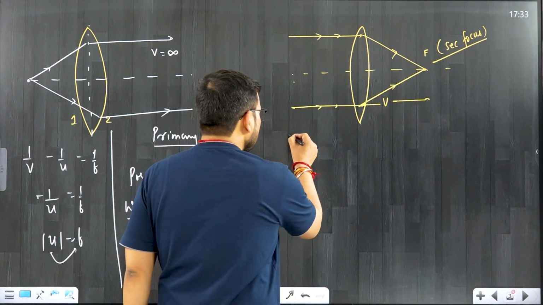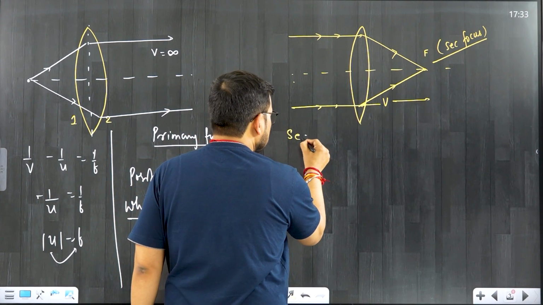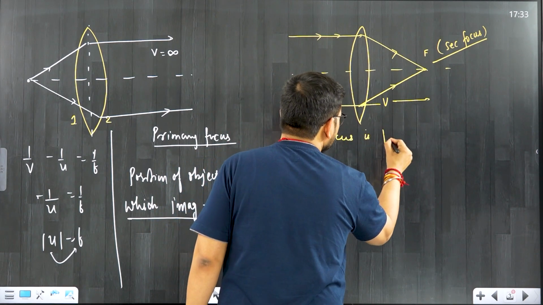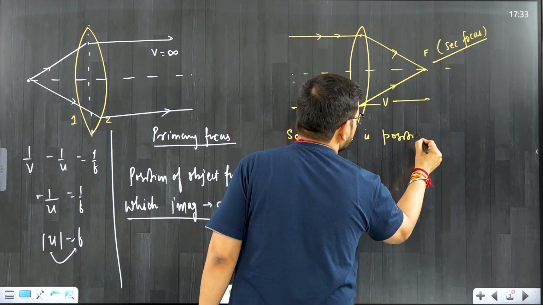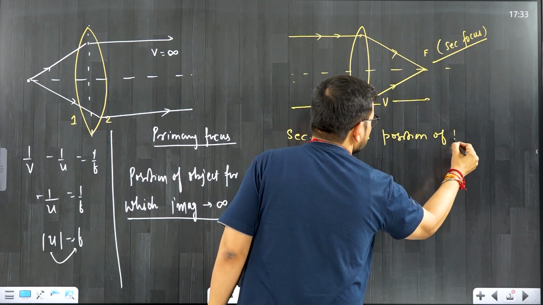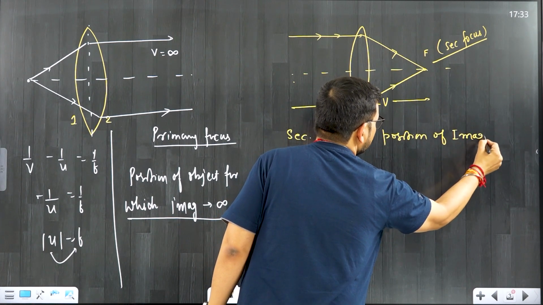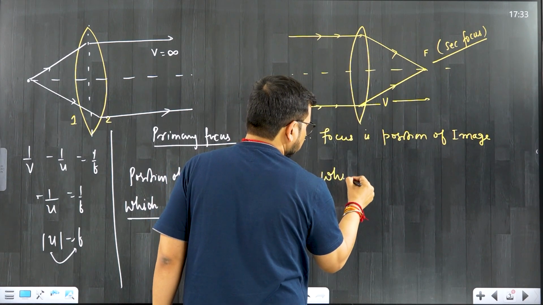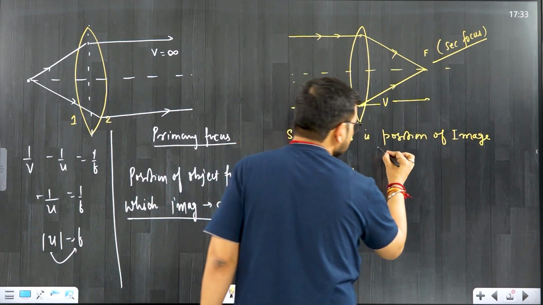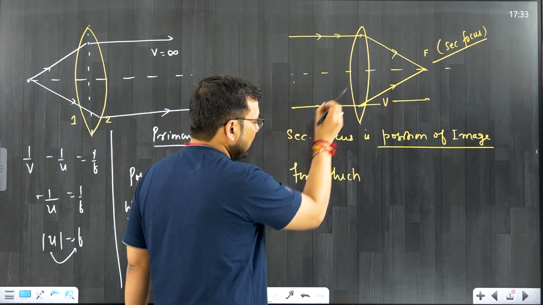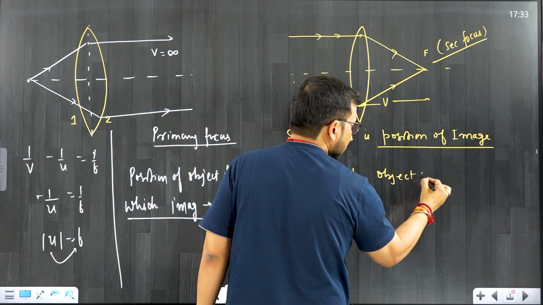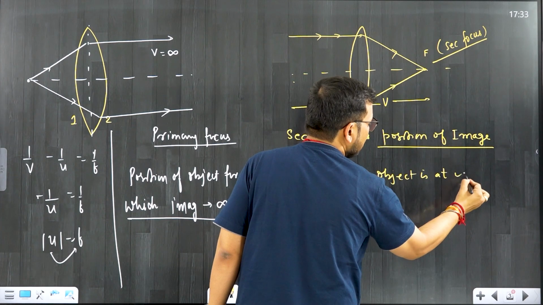So what is the secondary focus of a lens? It is the position of the image for which, and this is important, the object is at infinity.